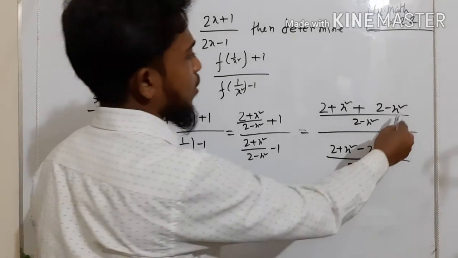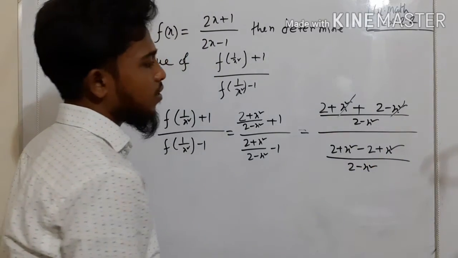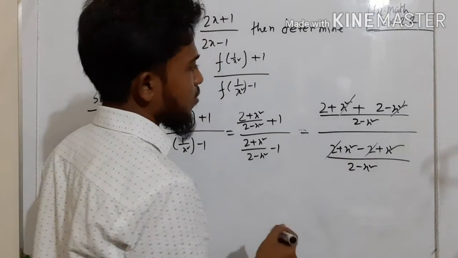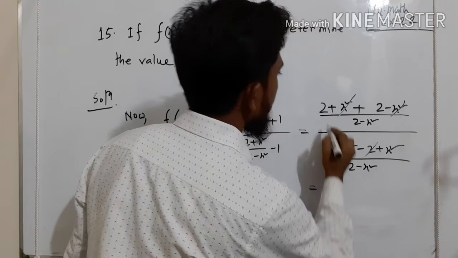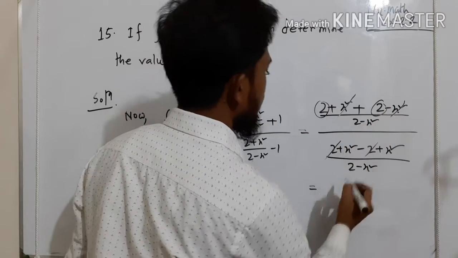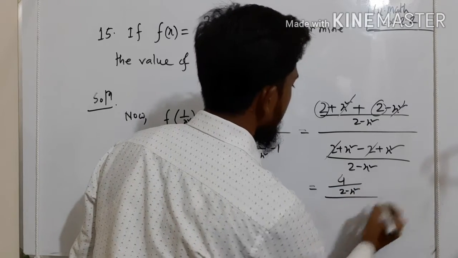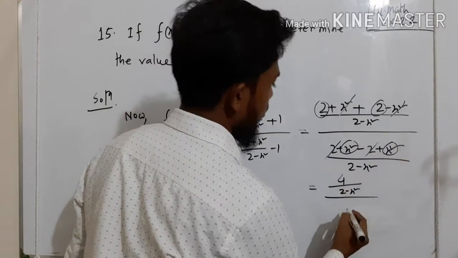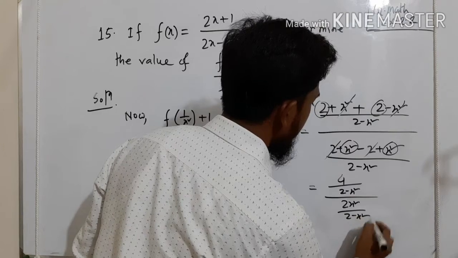So here x square minus x square and plus x square are cancelled, and minus 2 and plus 2 are cancelled. So we can write 2 plus 2, that is 4 divided by 2 minus x square, divided by x square plus x square, that is 2x square divided by 2 minus x square.